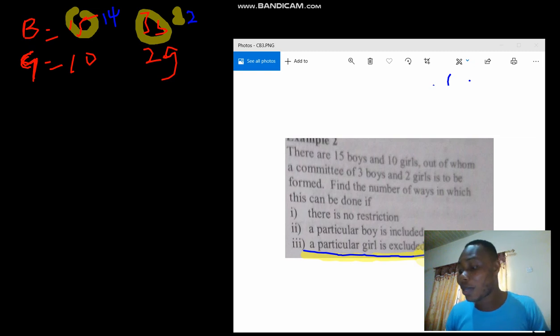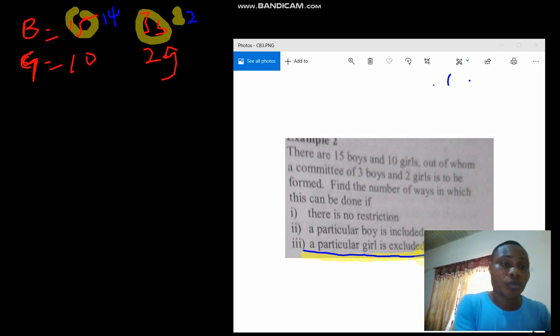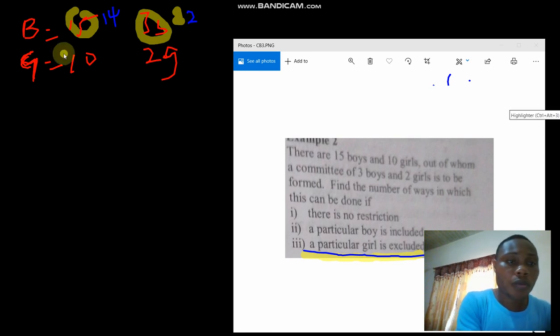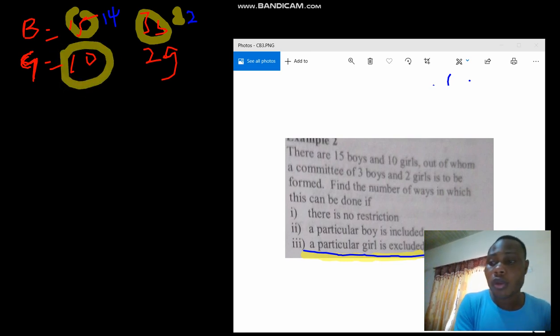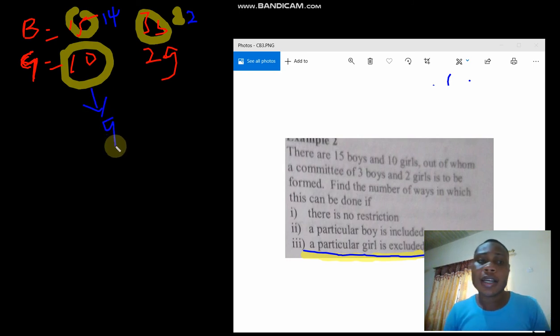One girl has been excluded, so the total number of girls will decrease to 9. They didn't tell us that one particular girl has been included or already chosen. They say she has been excluded. So before we select the people, the girl has been removed from the class, or she was sick and didn't come to school. That is what happened.